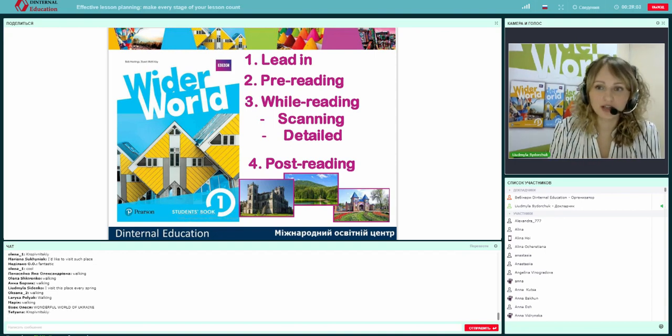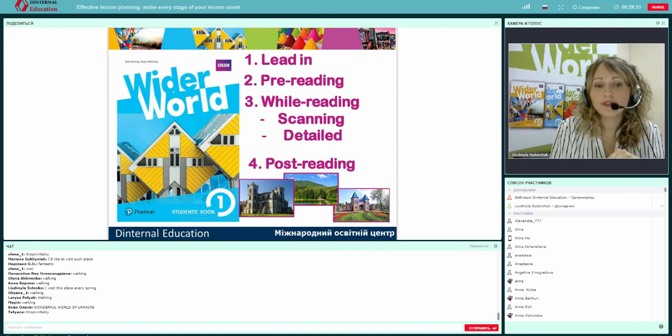So it's a very good option to give this task as a home task for your students. So they can find beautiful pictures of the beautiful places in Ukraine and then just describe them using the context that you have practiced during the lesson.